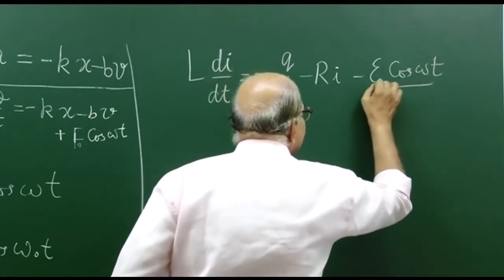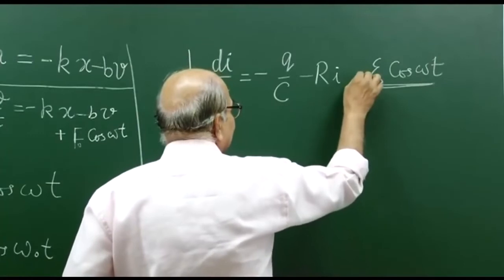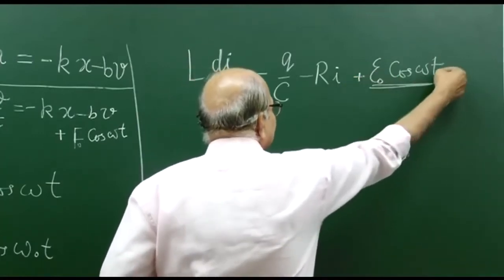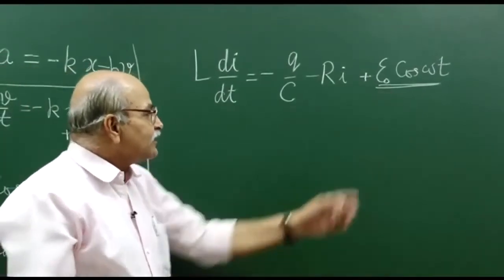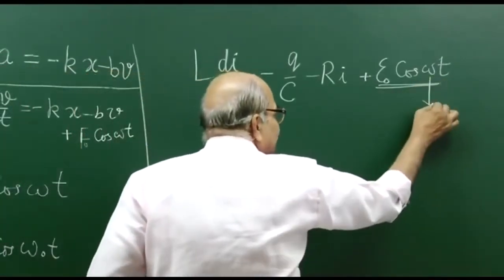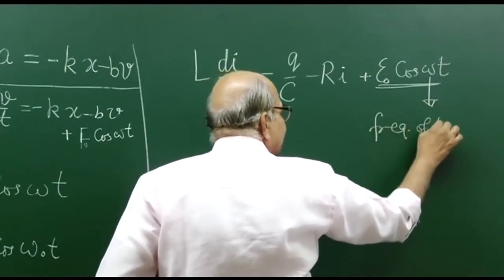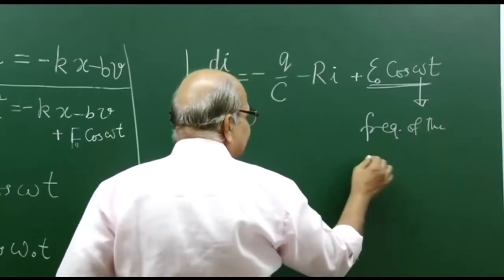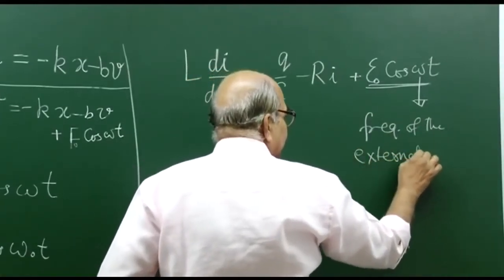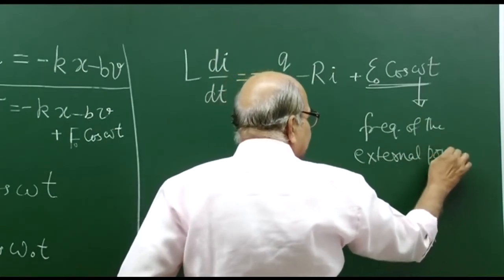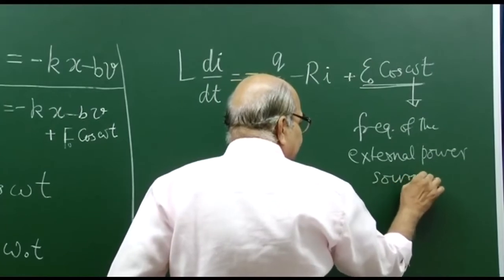This is that external force which we are using, or you can put a plus sign, it does not matter, I am not writing the phase. So, this is that external thing. This omega is now the frequency of the external power that we are feeding, the external power source, whatever we are adding to the circuit.